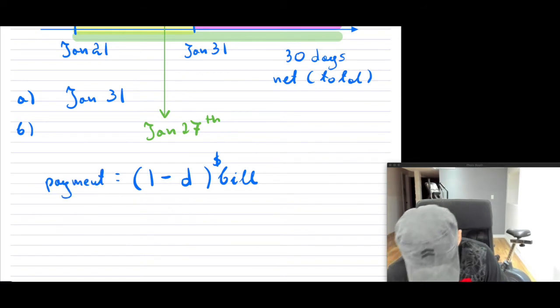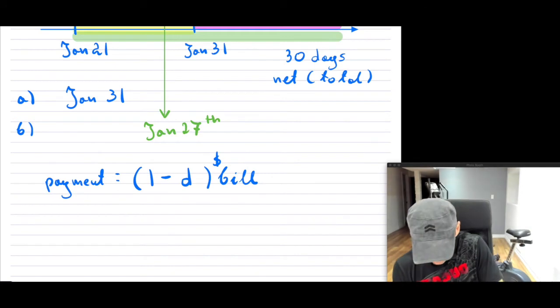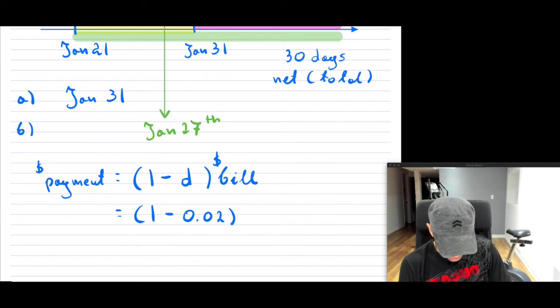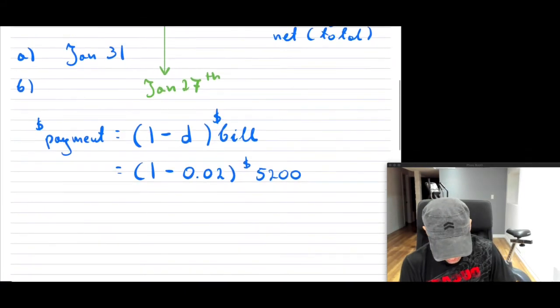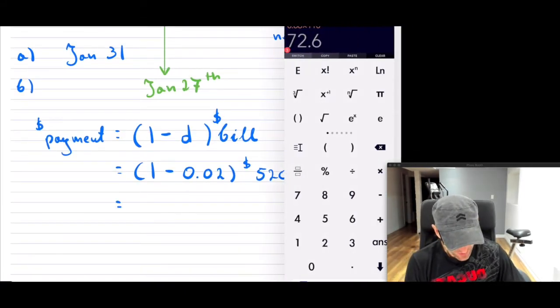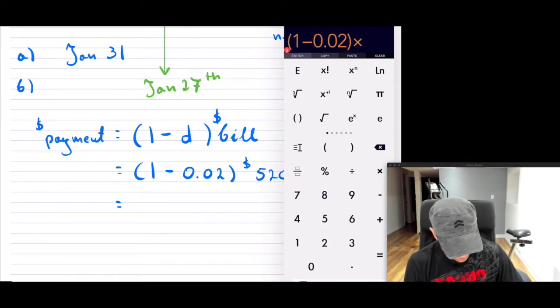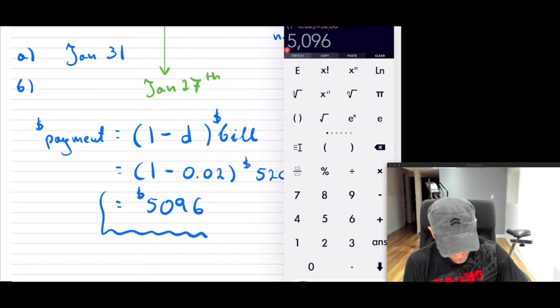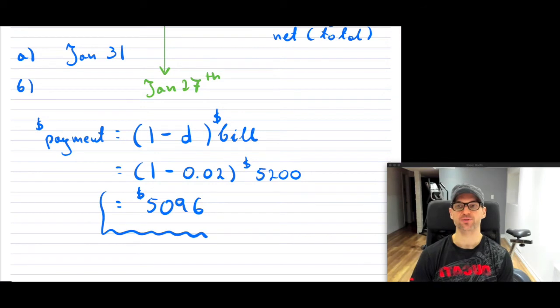So you can use this formula if you like: 1 minus the 2%, changed to a decimal, multiplied by the bill, which is 5,200, will obtain whatever that answer is. So 1 minus 0.02 times 5,200. That would have been our payment if we took advantage of the cash discount.